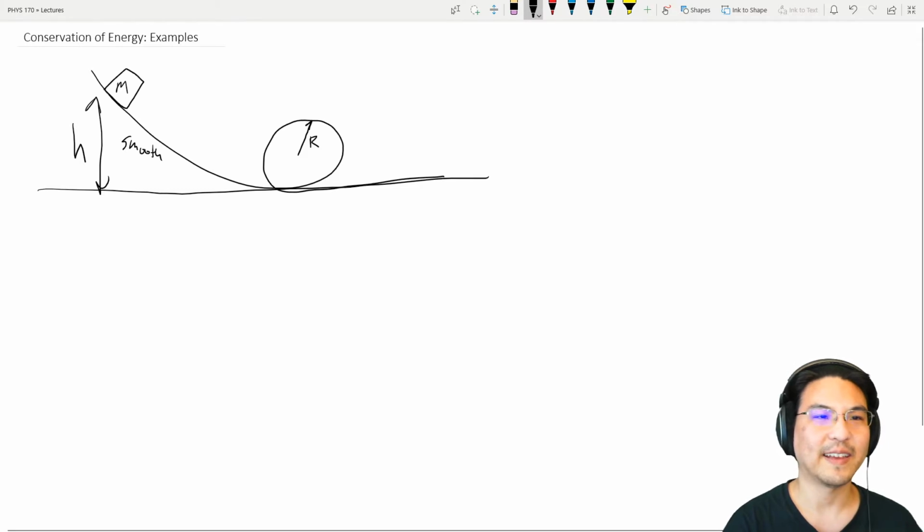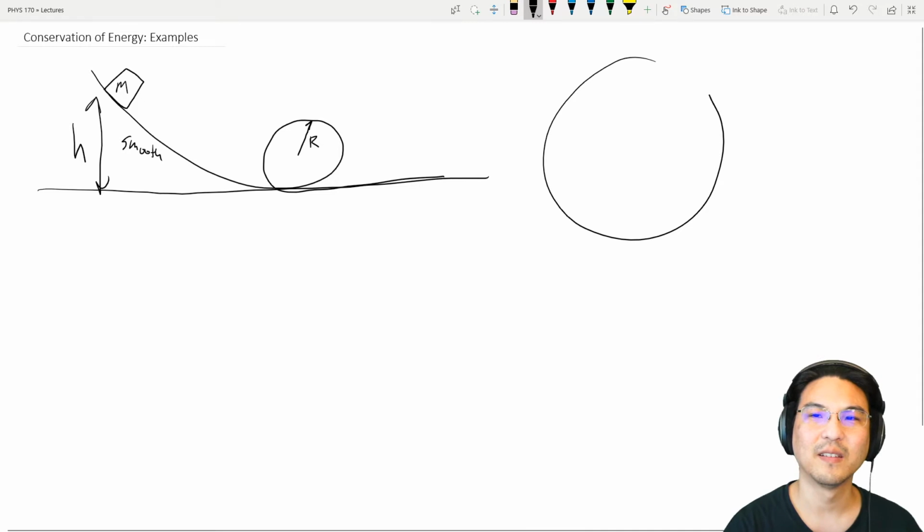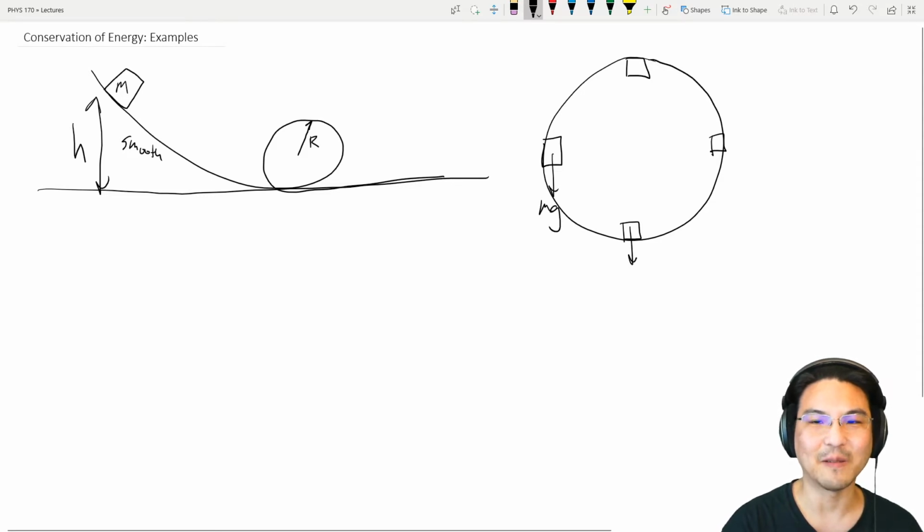So as this mass goes around the loop, I'm zooming in on it. It's here, and then it's over here, and then it's up at the top, and then over here, and then it comes back. So notice that no matter what, the weight is down.